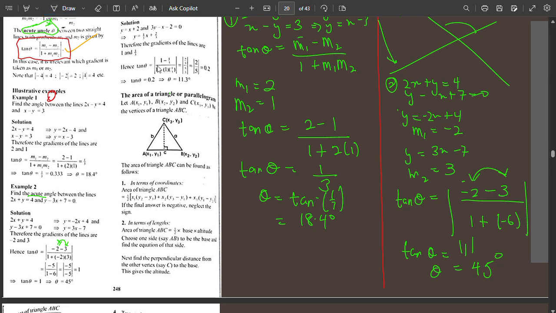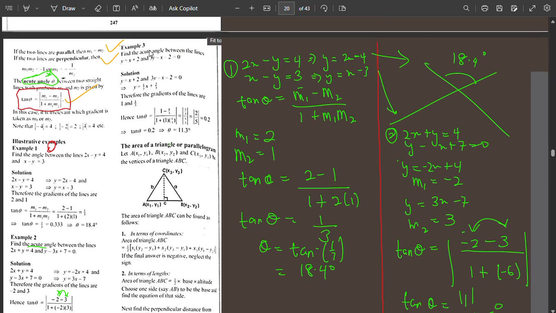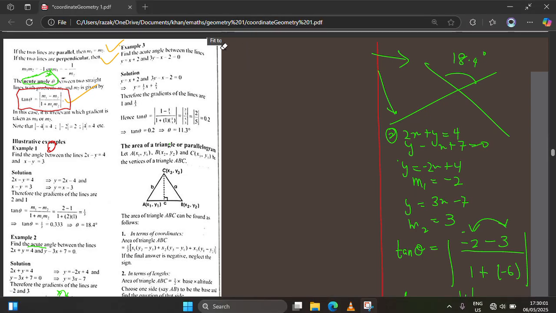Let's try another one. I think we have example 3. Find the acute angle between the two lines.